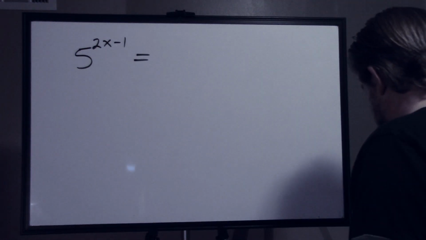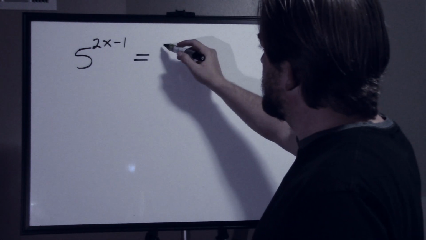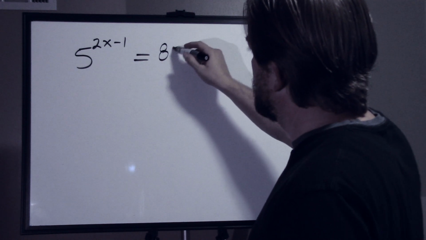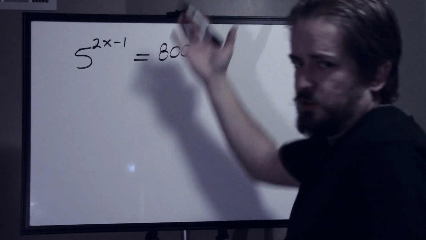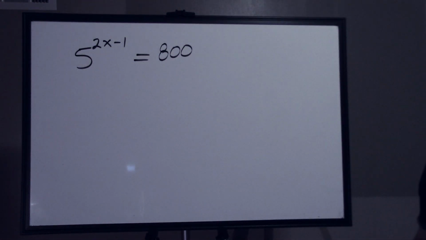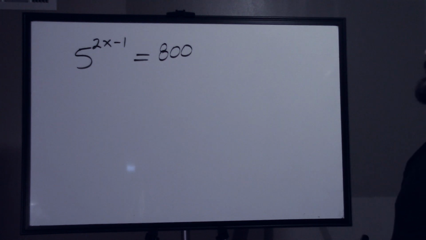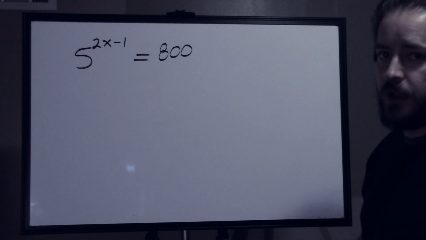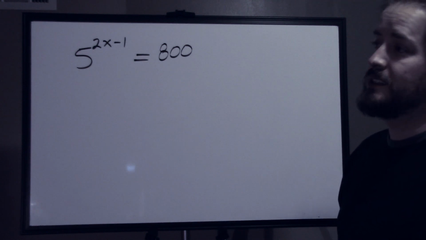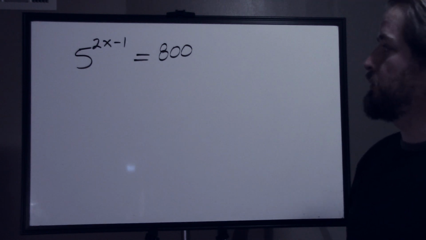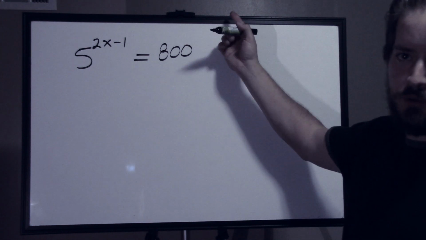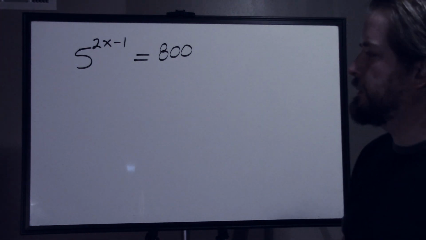We're going to end up with an ugly number. Let's just call this 800. For, why not? Again, I can't write 800 as a power of 5. It's a multiple of 5, but it's not a power of 5. And so I can't write the right-hand side as 5 to something, right?